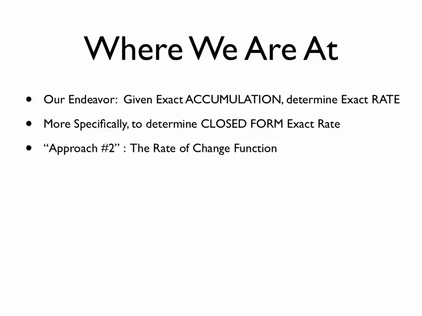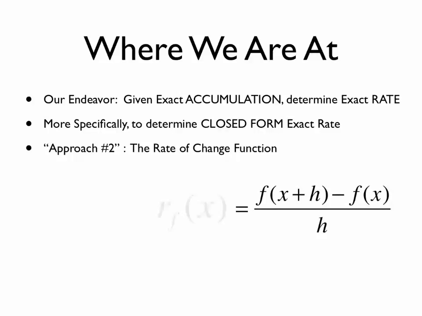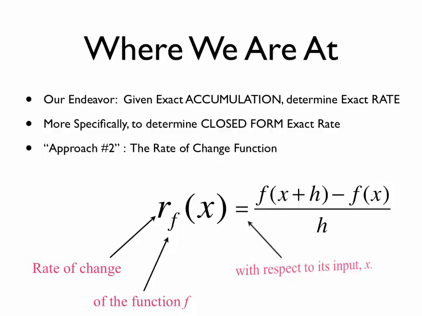Okay, so then approach number 2 is this rate of change function. This is the one you just took your quiz on, and we call that the rate of change of the function f with respect to its input or independent variable x.